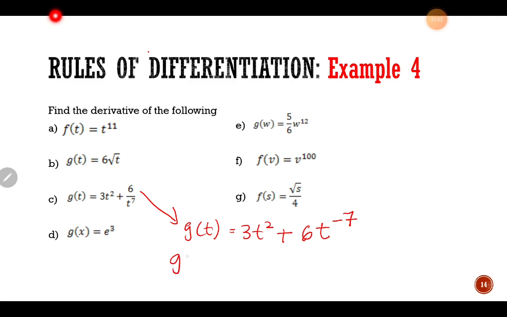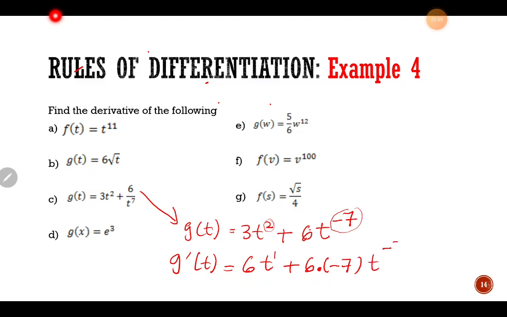Betul? So, G prime T, ni saya pergi laju sikit, 2 ni kita turun bawah. Jadi 6. T ni, kuasa ni 2 tolak 1 jadi T power of 1. And 6 darab dengan negatif 7. Tambah 6 darab dengan negatif 7. Darab je, bukan tolak. Ya.